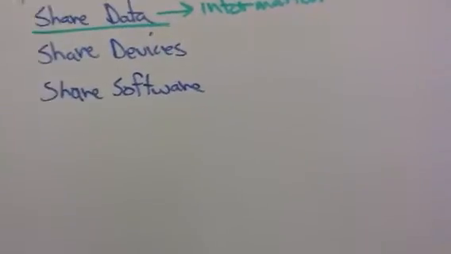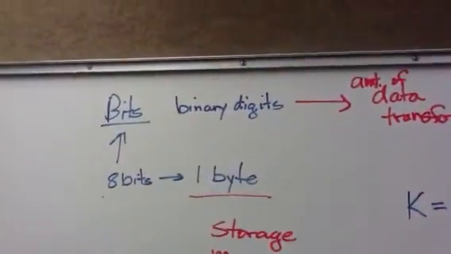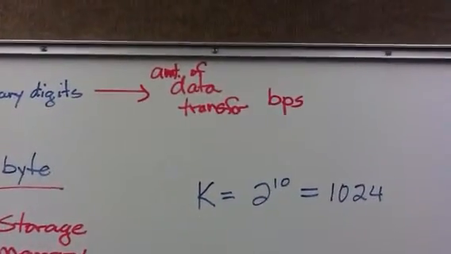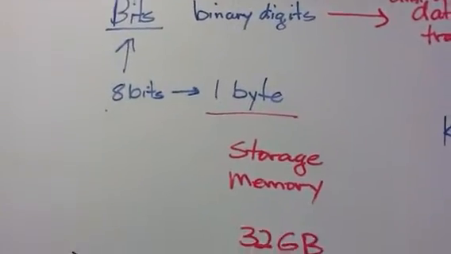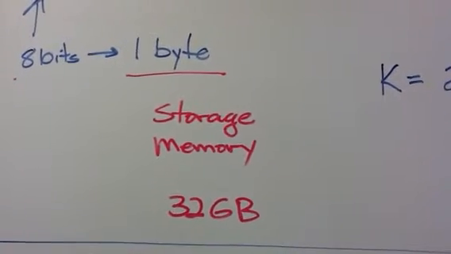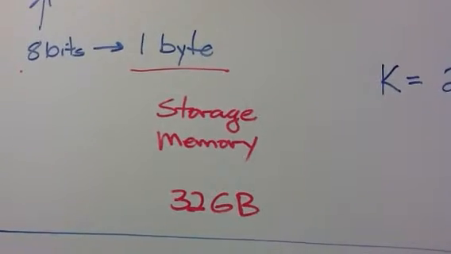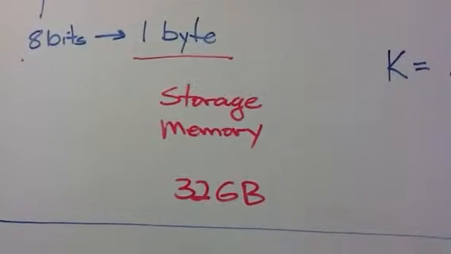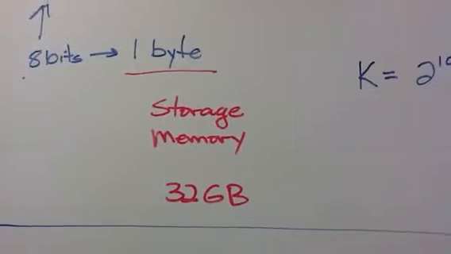Then we reviewed the idea of what bits are, binary digits. That's usually to measure the amount of data we can transfer, bits per second. Then we said 8 bits gives us a byte, and byte is usually used to measure storage and memory, like a 32 gigabyte tablet. That means it has 32 gigabyte, in fact, that's storage and memory together, you know, iPad or a tablet of some sorts. Okay? Or your phone, you know, when you talk about the size of your phone.